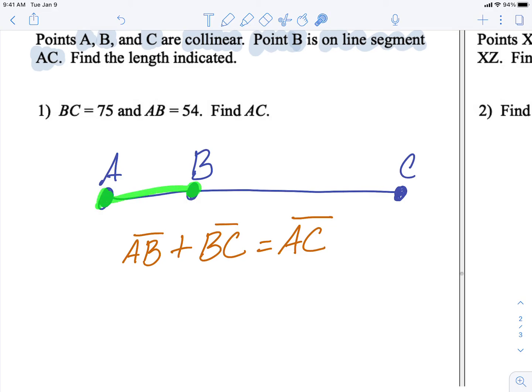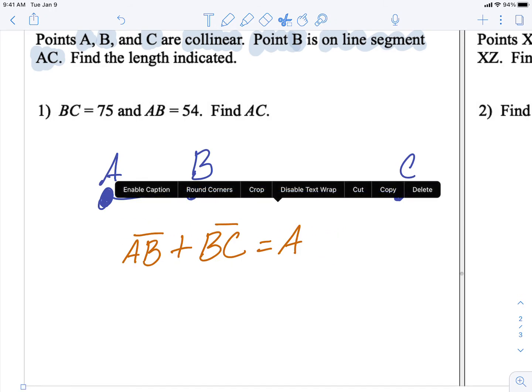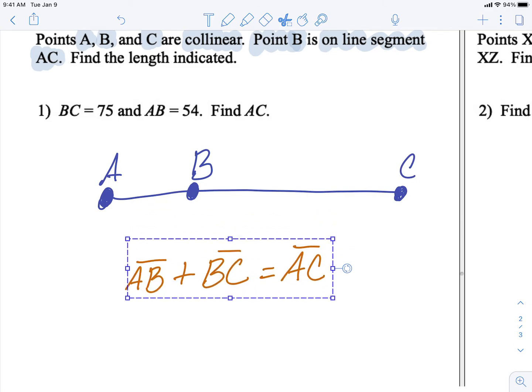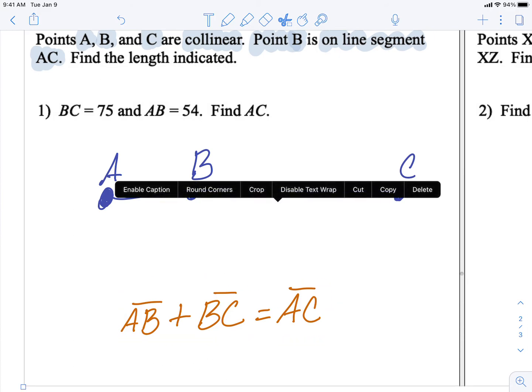Short segment AB plus short segment BC is equal to long segment AC. Let me get this out of the way here because it's in the way. So let me move this down just like that.